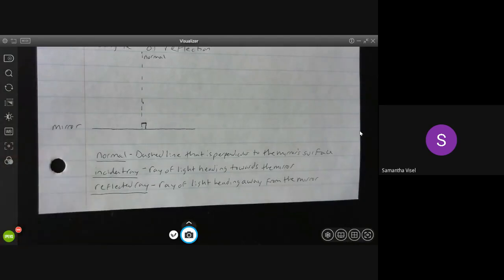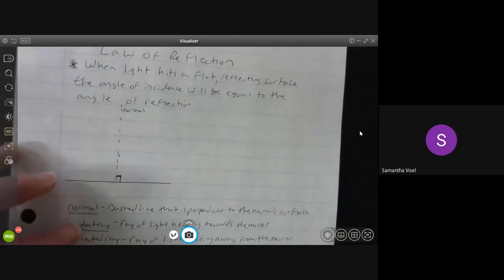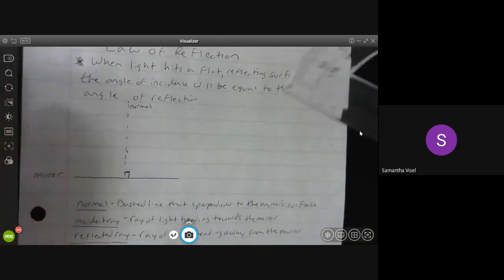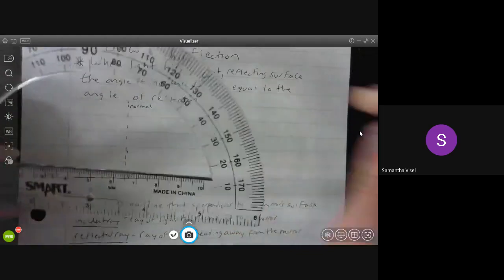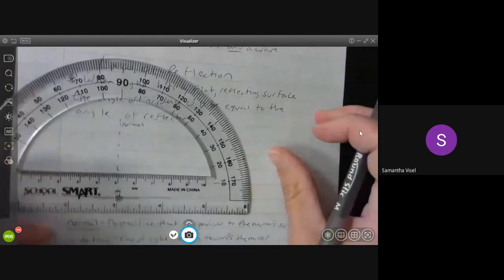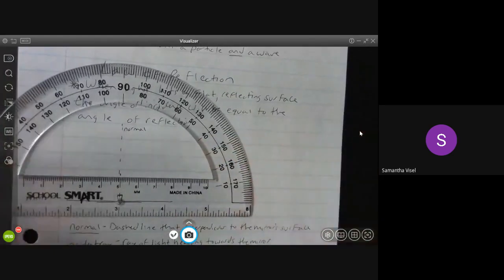So let's use our protractor to draw an incident ray at a particular angle here. Let's keep it nice and easy and say 45 degrees. When I use my protractor to draw out these light rays, we're going to practice this now because you're going to be doing this over the next few days.